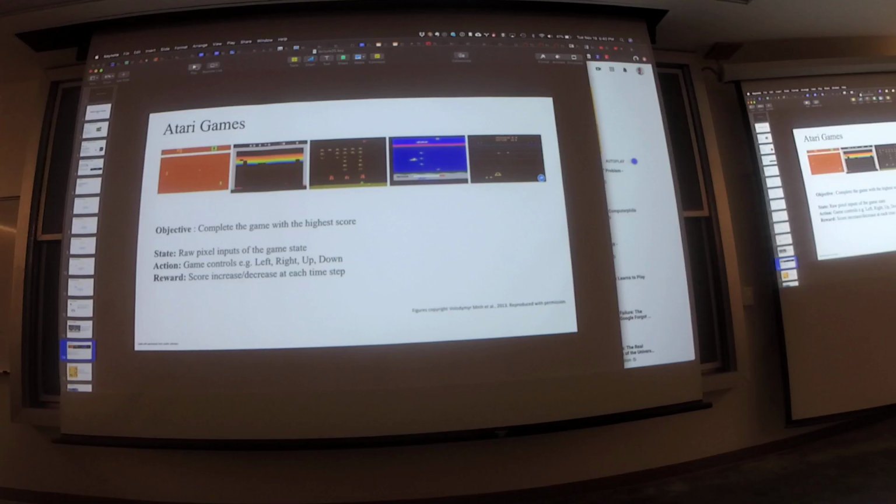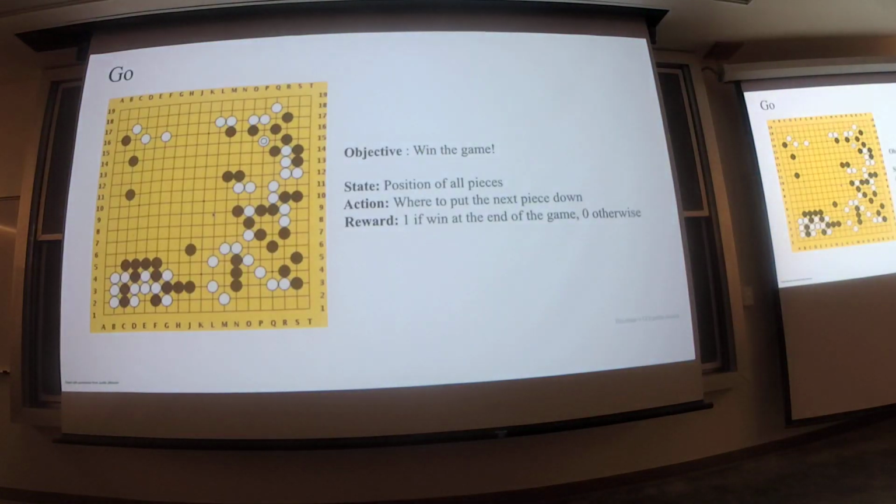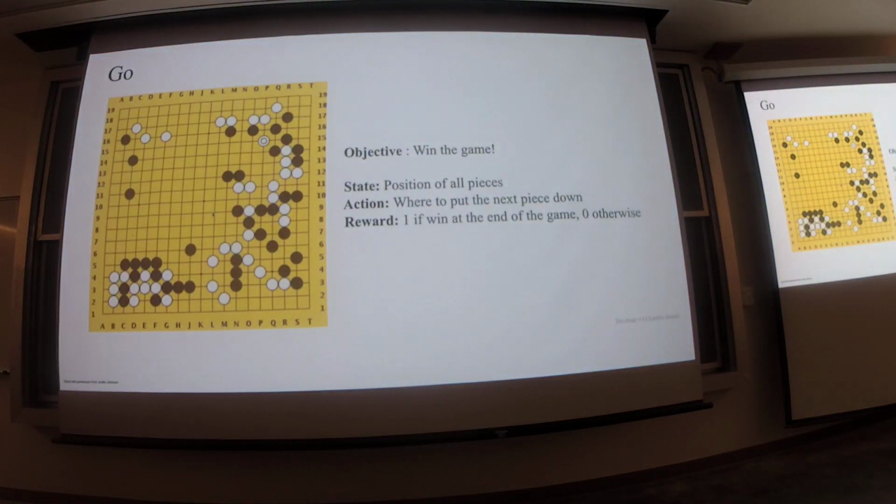So speaking of Go, here's the next one. A couple of years ago, DeepMind came up with a very complicated reinforcement learning system that was reinforcement learning plus a whole bunch of other components for playing the game Go. I'm not a Go player. I once upon a time learned to play it and played it a few times, but I don't appreciate it like some of you might who have played a lot.